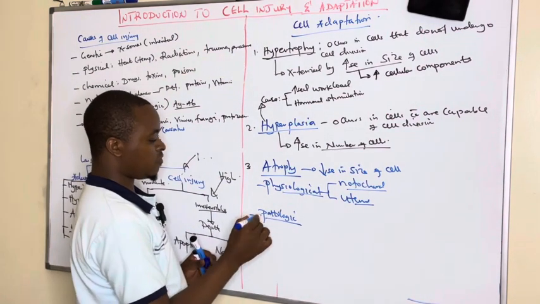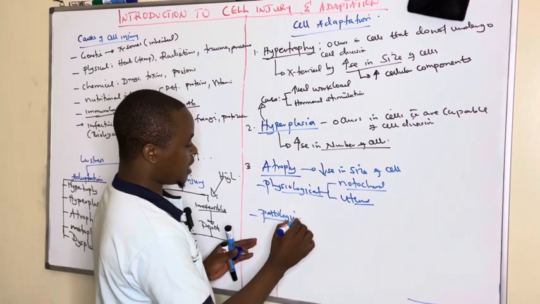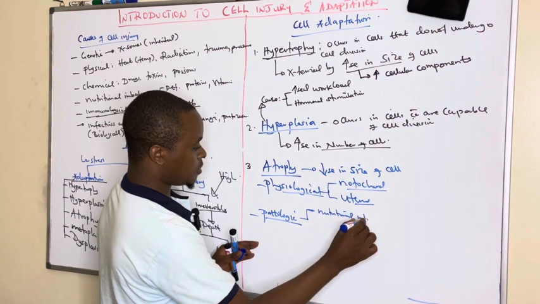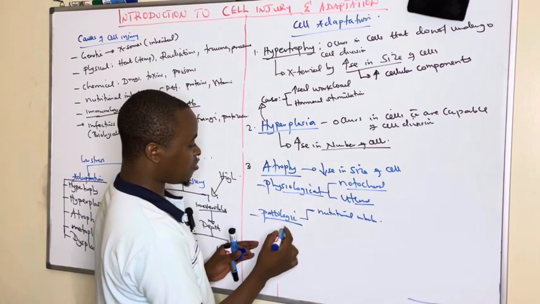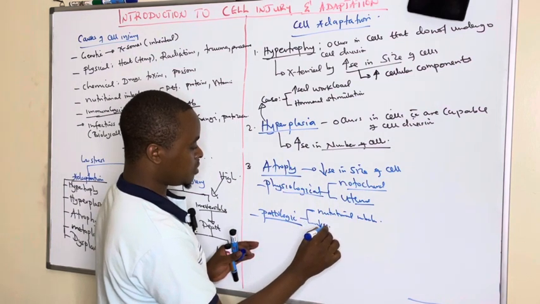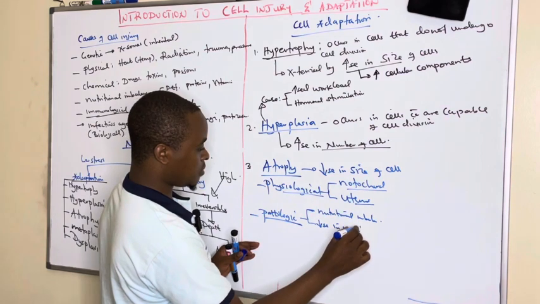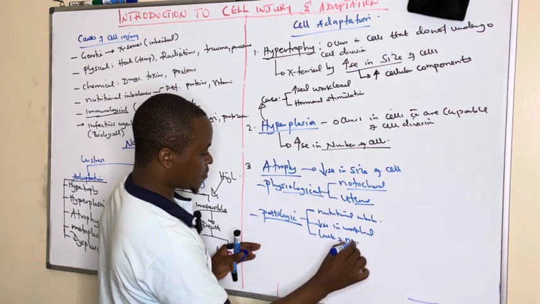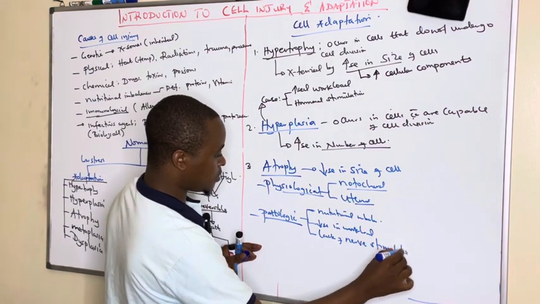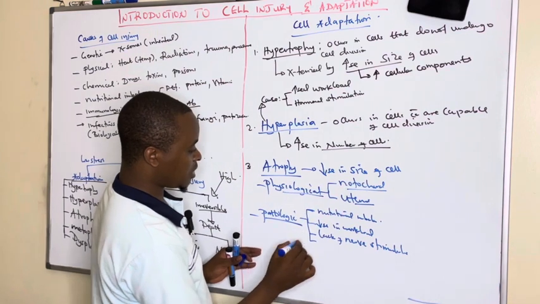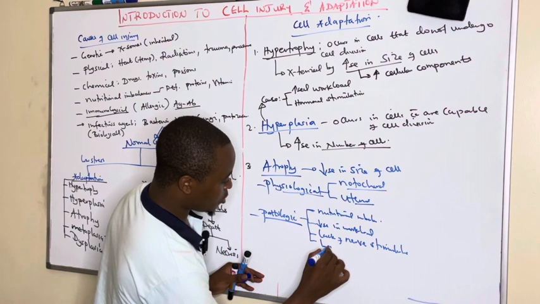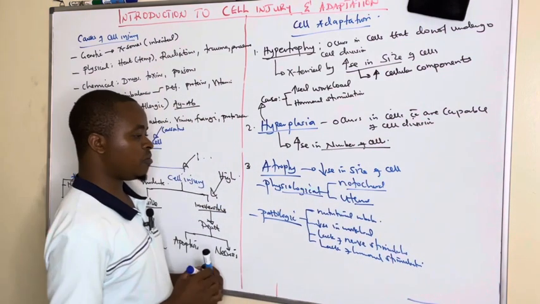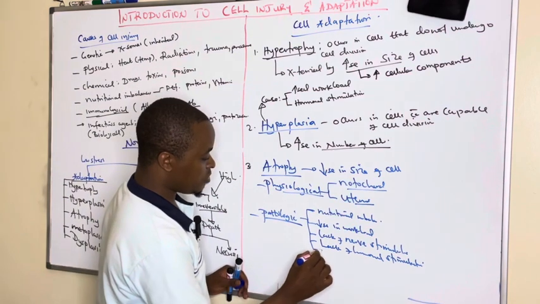Whereas the pathologic causes of atrophy can be due to nutritional imbalance, or there are many causes of pathologic atrophy, like decreased workload, lack of nerve supply or nerve stimulation, lack of hormonal stimulation, and even lack of immunologic stimulation.